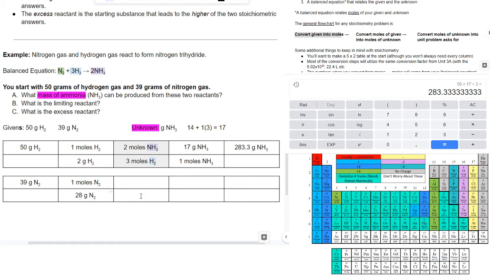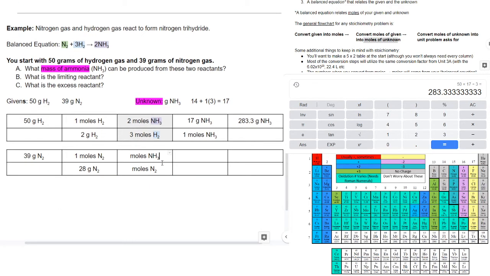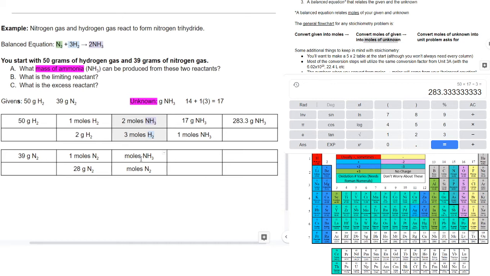Next step is to convert moles of our given, so I'll put that in the bottom, into moles of unknown. So here it'll start to look similar to our top table, with moles of NH3 on top. Moles over moles, remember that is using the coefficients. So that means 2 again for NH3. N2 on the other hand, there's no coefficient on N2, so that's an understood 1.